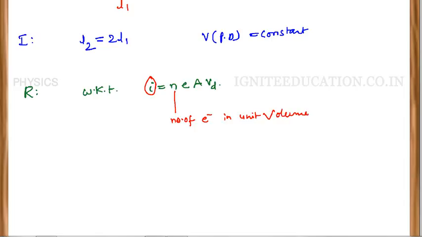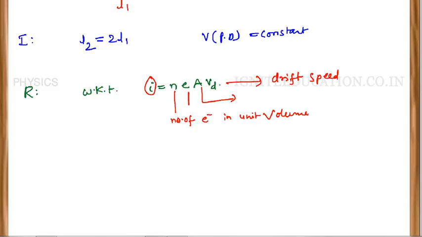So that means in that conductor, if you consider a unit volume, N is constant, and E is the charge of an electron, and A is the cross-sectional area of the conductor, and Vd is the drift speed of the charge inside that conductor.